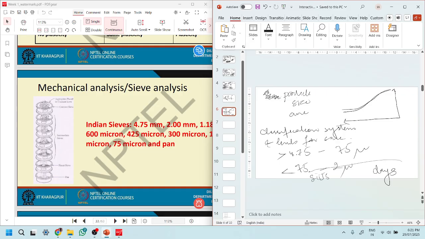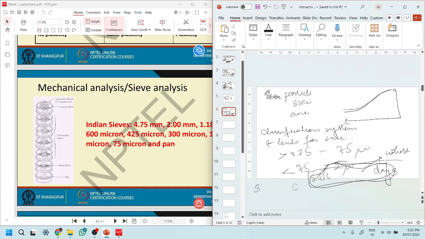This is not usually based on the grain size, but cohesive properties. We cannot say that the size is this much, so it will be clay. The difference between silty and clayey will depend on the other index properties. These are the index properties for the coarse grained soils.